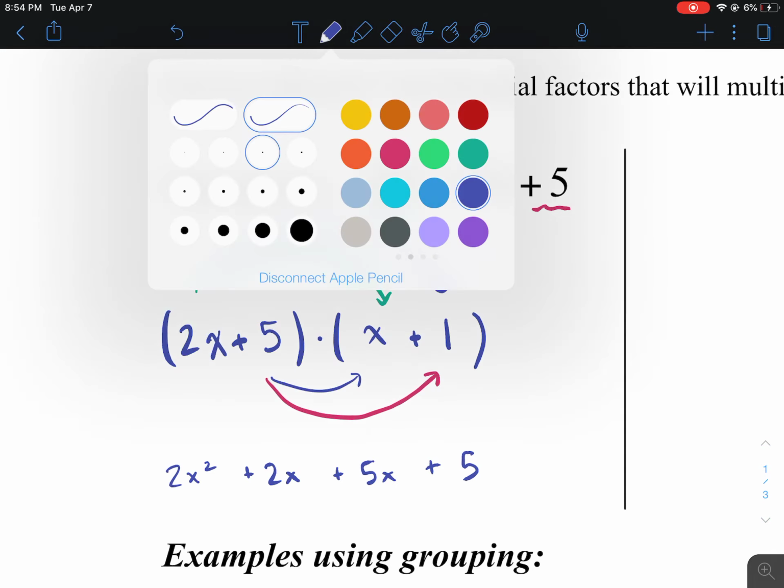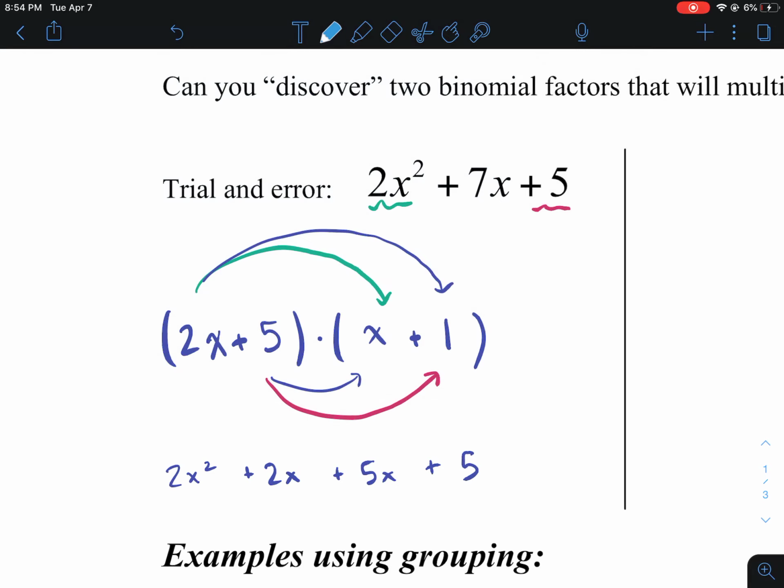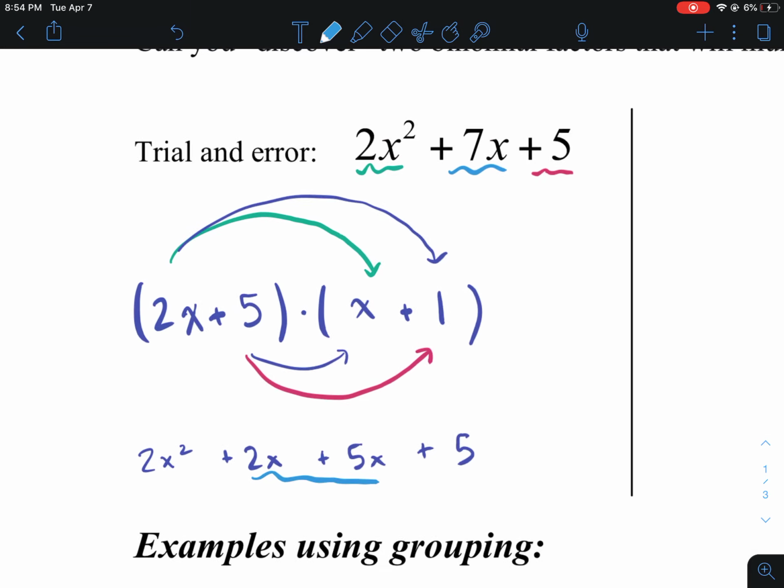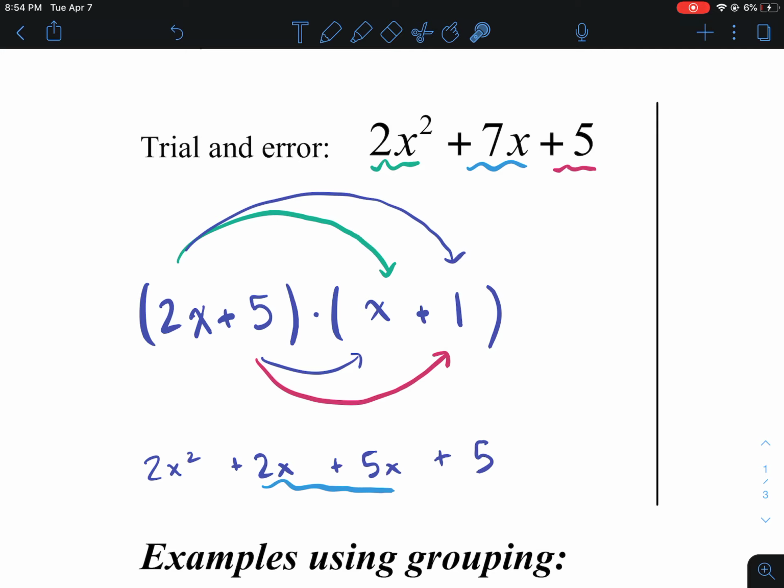That's how we do the trial and error. But you can probably imagine this can get pretty complicated. In this case we really only had two options because 2 and 5 are prime. But what happens if we get numbers like 12 or 24 that have a bunch of factors? Then the trial and error can get a little bit overwhelming.